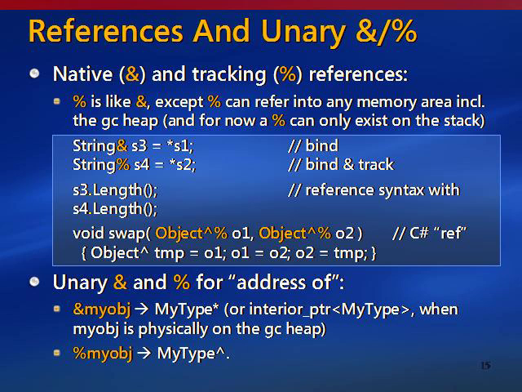And we also make sure that this continues to make sense. Ampersand, when I use that as a unary operator on an instance, returns a pointer. And a percent, if I use that on an instance, will return a handle. So for anything that I have, I can always get a pointer to it, or I can always get a handle to it. And the type system, we've worked really hard to make sure that that works out. As you write code, that's what happens, and it makes sense.